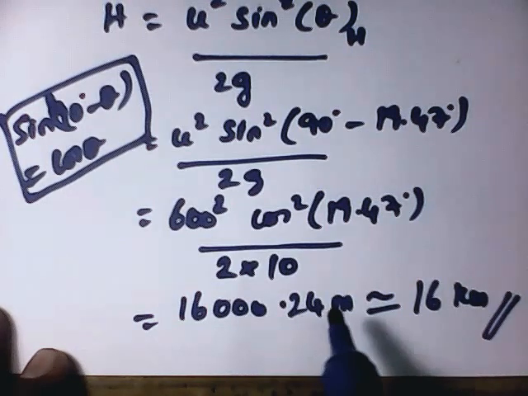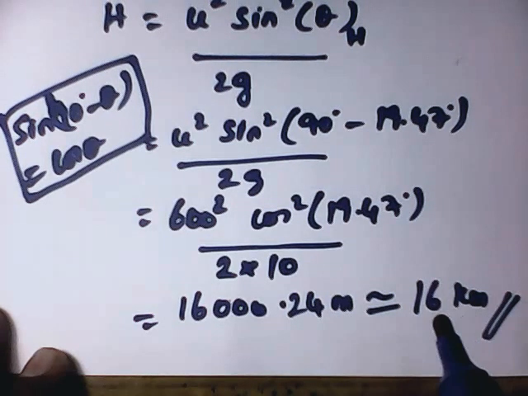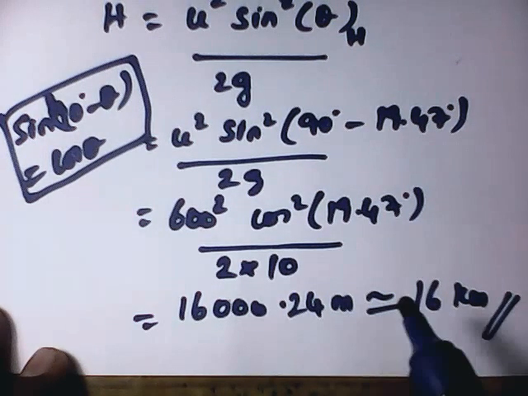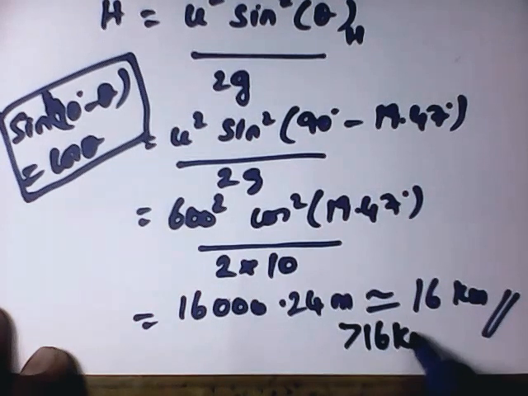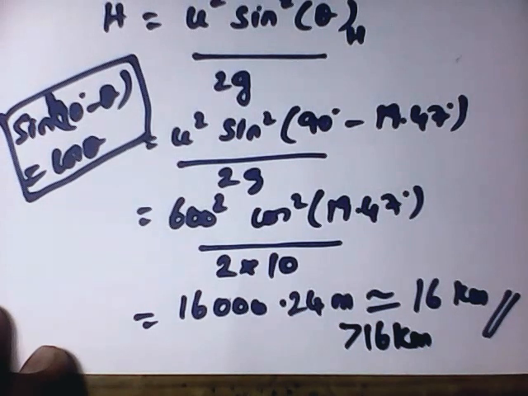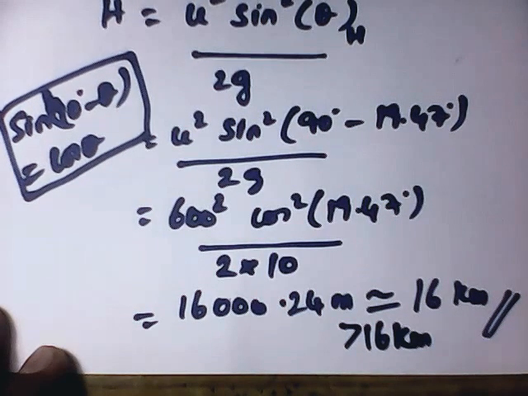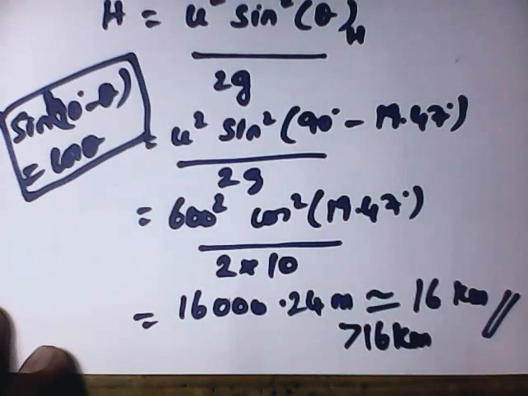So the value comes to 16,000 meter, which is approximately 16 kilometers. So the plane should move more than 16 kilometers away to avoid the heat. This is the answer. I hope you understand this concept with the inclined projection.